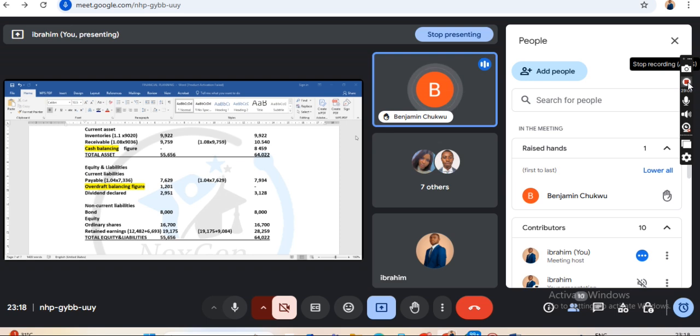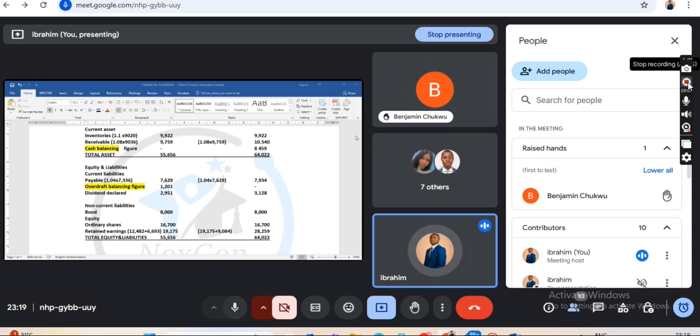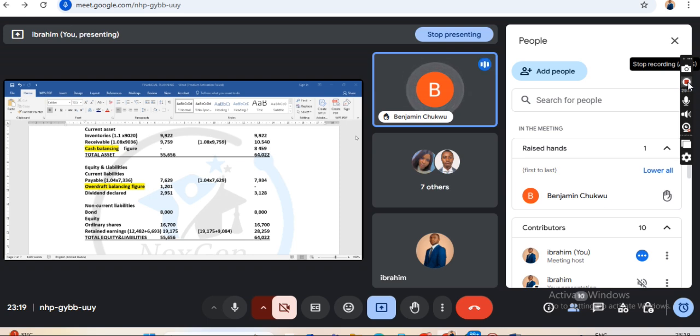I don't know if I'm correct. Yes, you are correct. Why is it that it is not captured in the P&L in that particular year when it is paid? I just want to know the reason why. Yes, thank you.